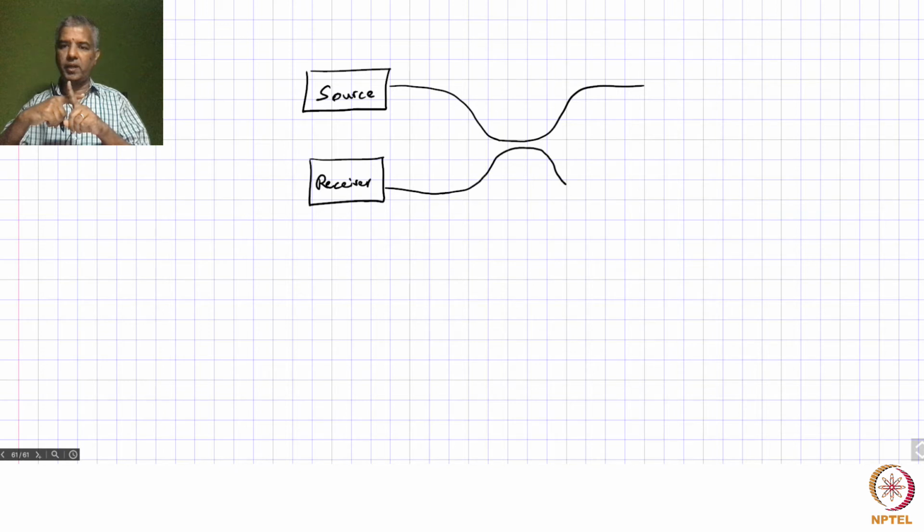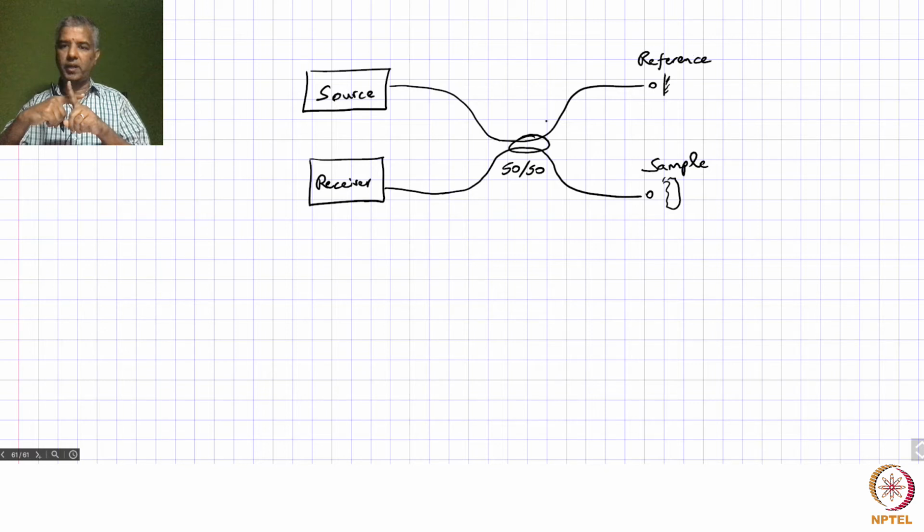So, similarly you have another optical fiber here. So, that is a 50-50 splitter, and then of course you have your reference arm, and here is your sample, right. So, this is sample and this is your reference.